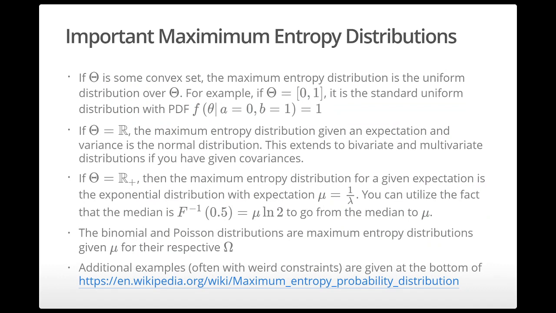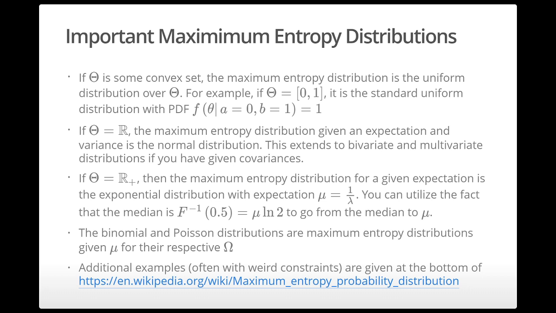So we'll maybe do one thing about maximum entropy distributions and then we'll quit. Another approach to choosing priors is to say, well, what function would maximize the entropy of the results subject to some constraints? This is a way that's been used for a long time to choose a family of prior distributions.